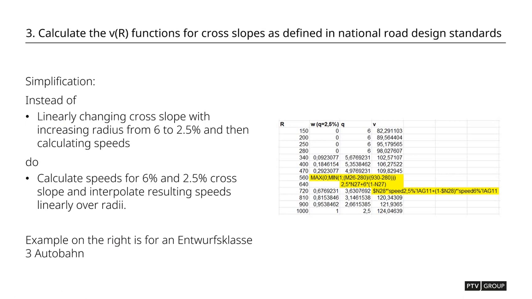Then I had the two speeds, one for 6% and the other for 2.5%. And I interpolated the speeds linearly with the radius. I interpolated the speed between those two speeds linearly over the radius, over increasing radius. That gives slightly different results, but again, I guess at other points of this formalism, we did larger mistakes.